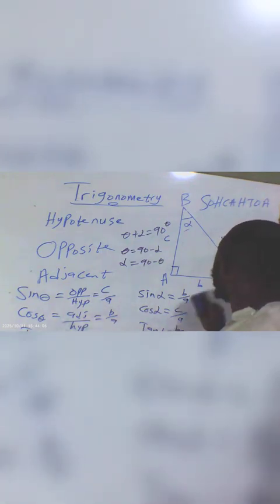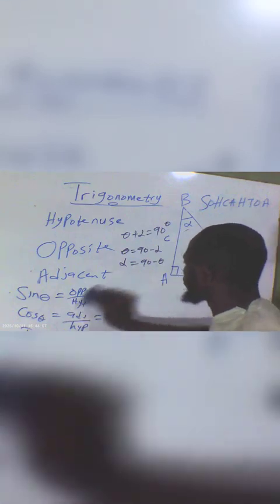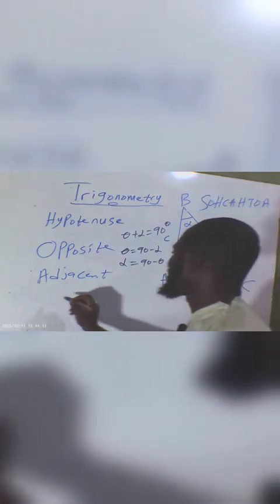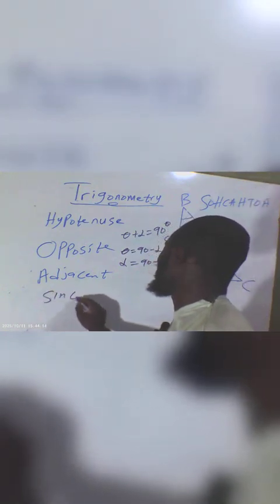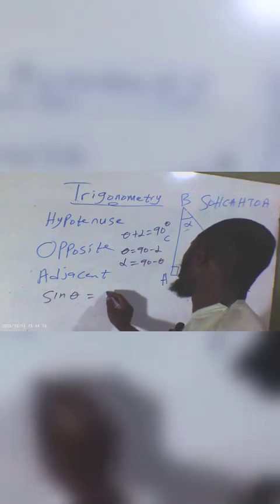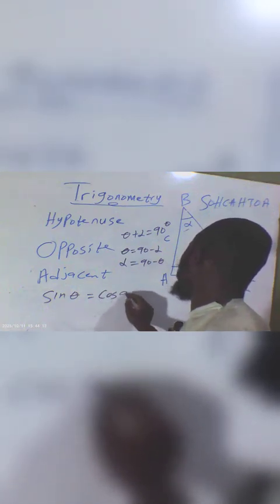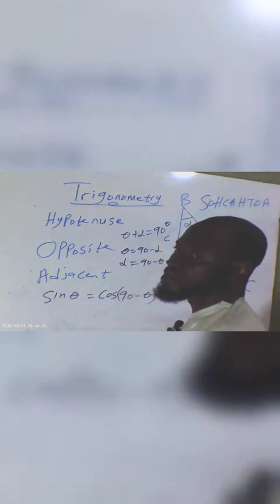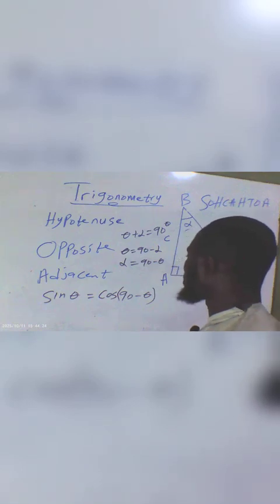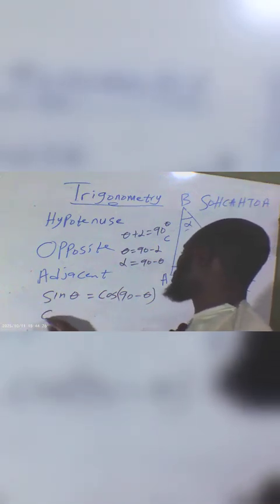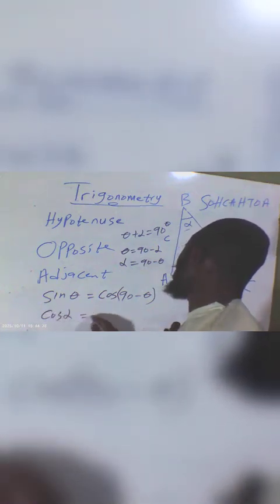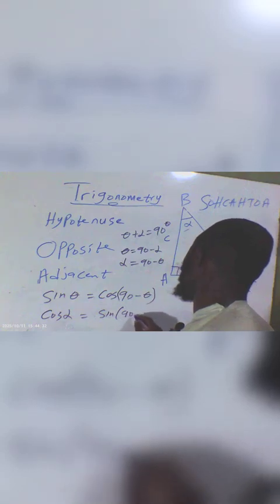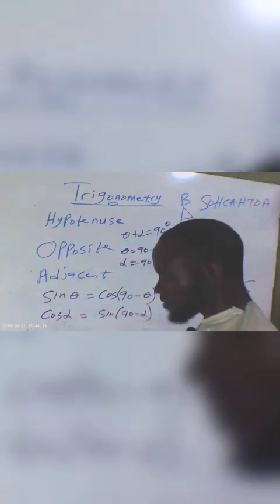We can now see that sin theta is equal to cos of 90 minus theta, and cos alpha is equal to sine of 90 minus alpha.